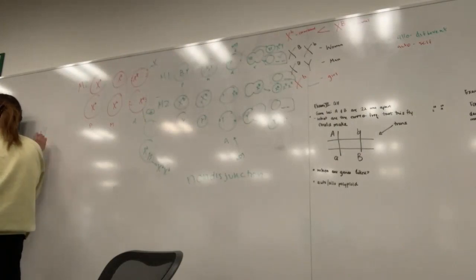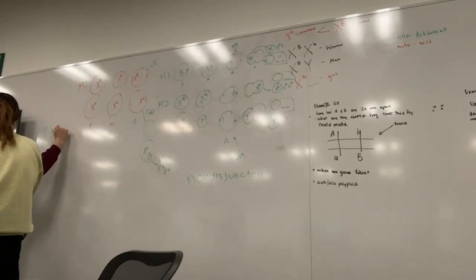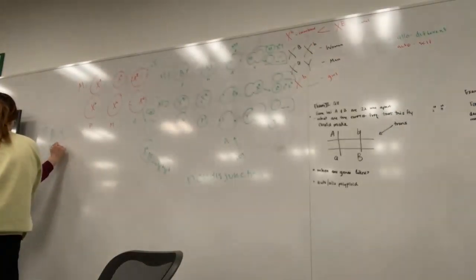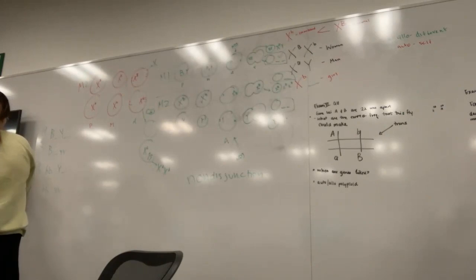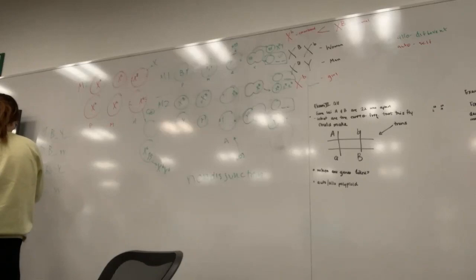So the 9 has the dominant allele of the first sequence. For the other three, one is dominant first and the others are recessive, one is dominant second and the others are recessive. So these were just combined. If these were to combine, this dictates the phenotype. They're still different.